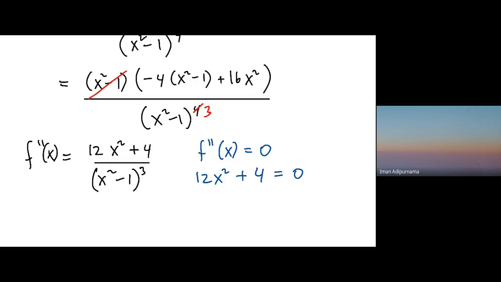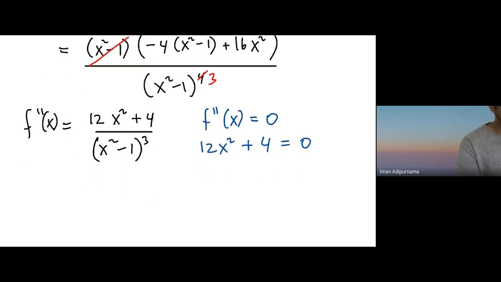So first, we can think of the necessary values of x. For example, the asymptotes are at x equal -1 and x equal 1, right?